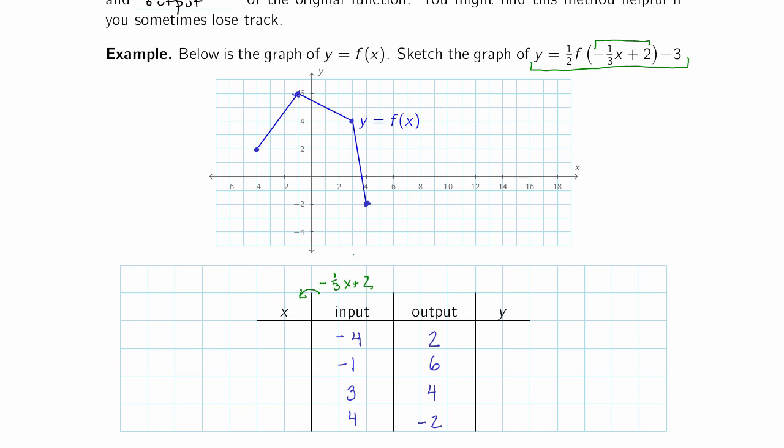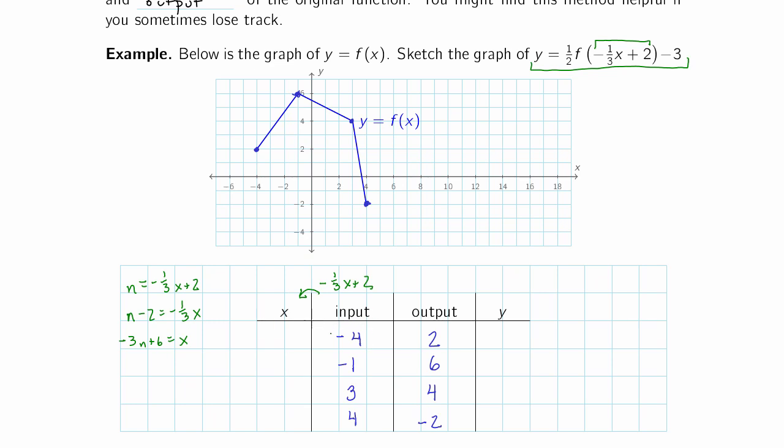We could do this by solving for x 4 different times, or we could introduce a symbol for the input and solve for that symbol once and for all. So subtract 2 from both sides, multiply both sides by -3, and we see that to get our x value, we take the input of f, multiply it by -3, and add 6.